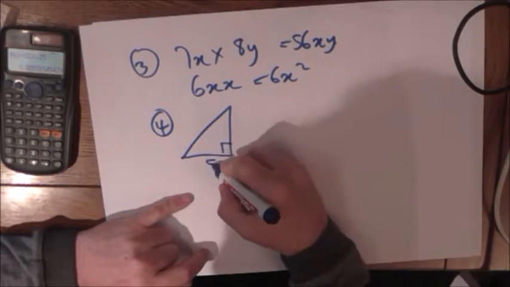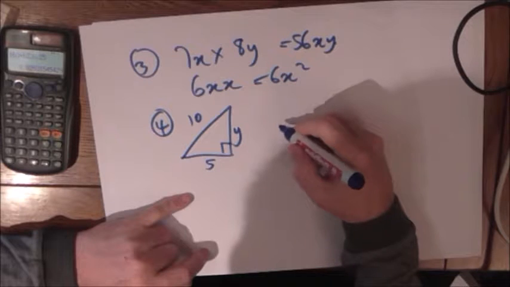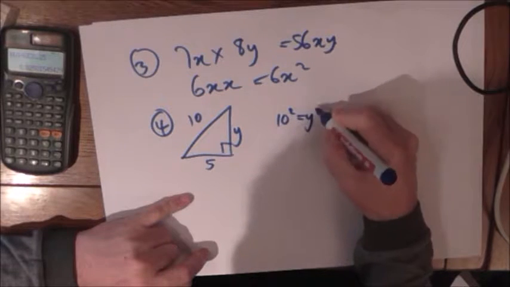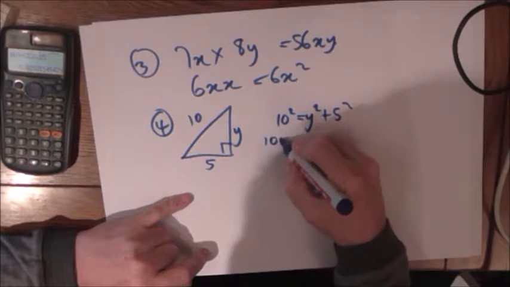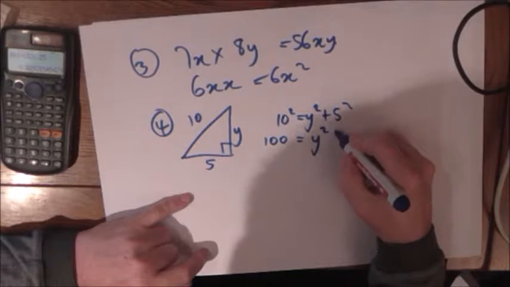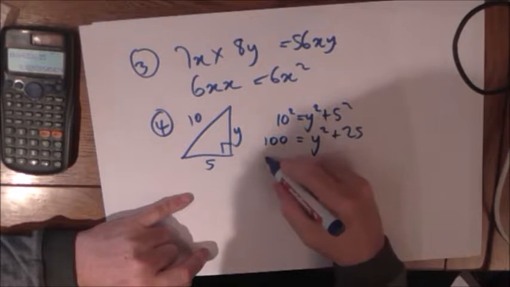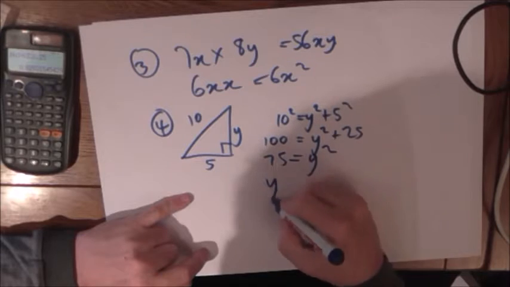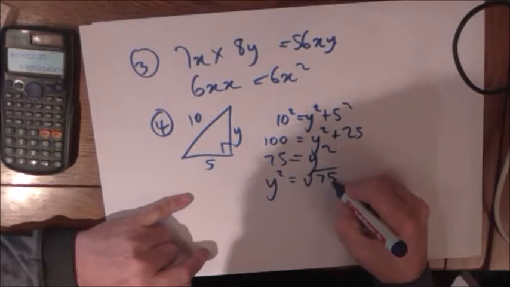This is what it means by dear Mr. Examiner. So 10 squared equals y squared plus 5 squared, 100 equals y squared plus 25, so 75 equals y squared, so y equals root 75.